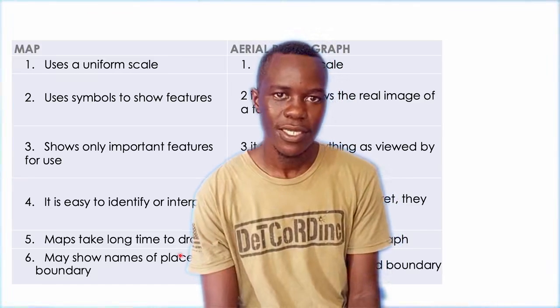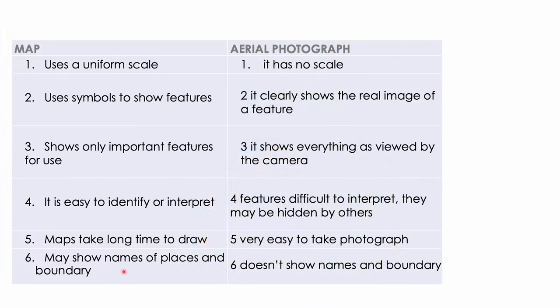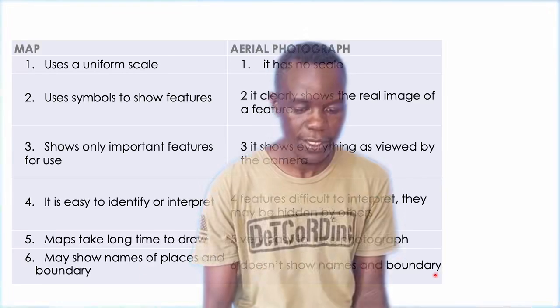Lastly, maps may show names of places and boundaries, while an aerial photograph does not show names and boundaries. That's it.